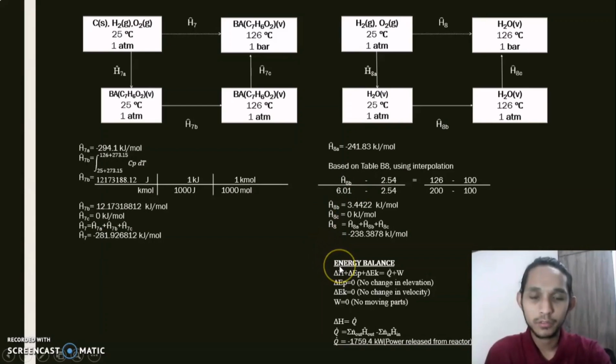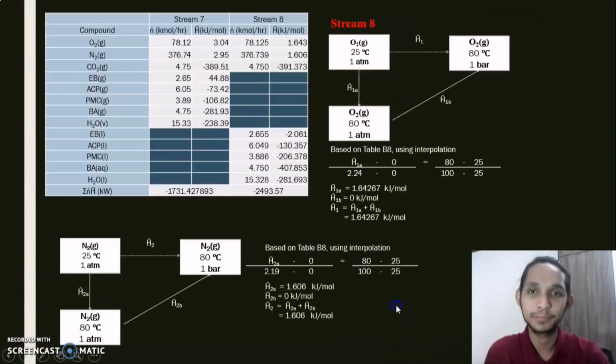And then the question asks for the power in this reactor. So we list the formula first, and then we assume delta EP equals 0 because no change in elevation, delta EK equals 0 because no change in velocity, and W equals 0 because no moving parts. And then we can get Q equal to negative 1759.4 kilowatt, which is power released from the reactor.